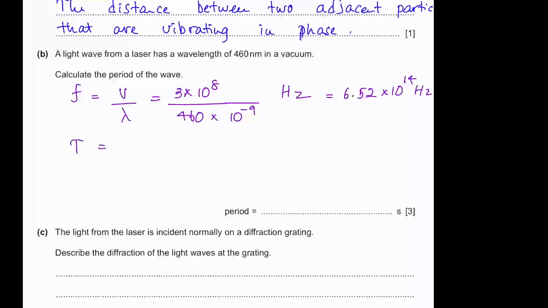So the time period will be the reciprocal of it. That is 1.53 times 10 to the power minus 15 seconds.